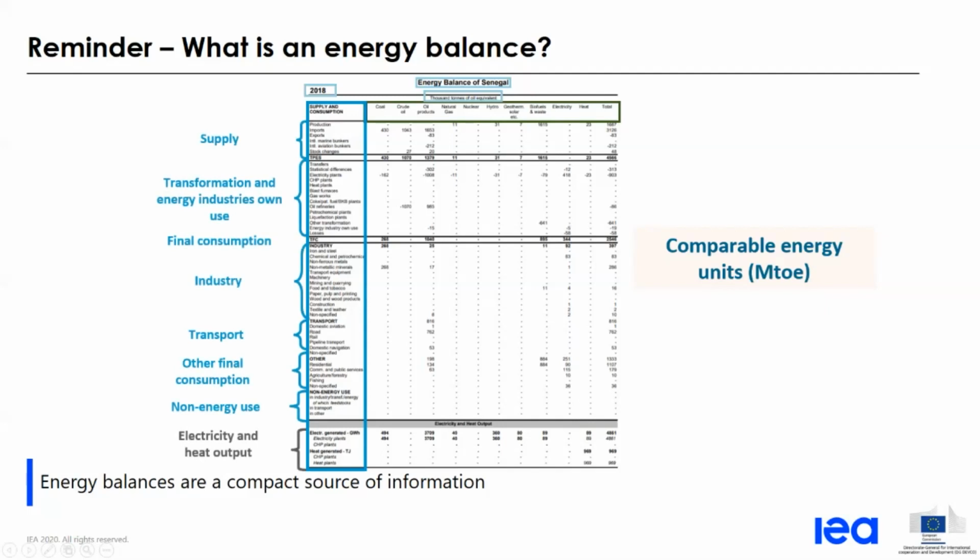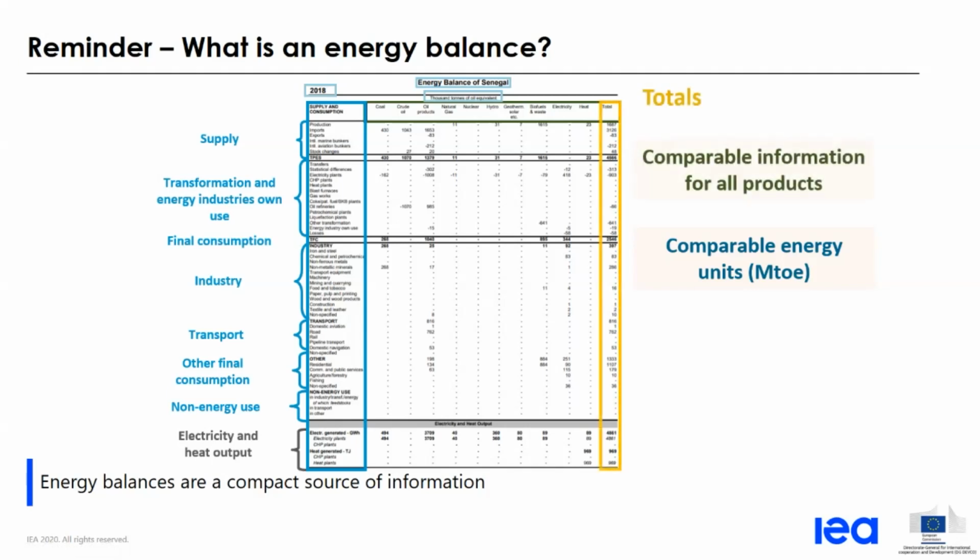As you can see, it is compact information, a picture of one year of energy supply, transformation, and consumption in a country. So it's really a compact piece of information that can tell you a lot about a country or a region if you can read it. As you can see, this is the total products column, where we sum all the products.